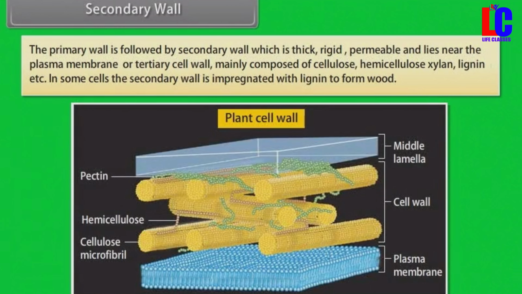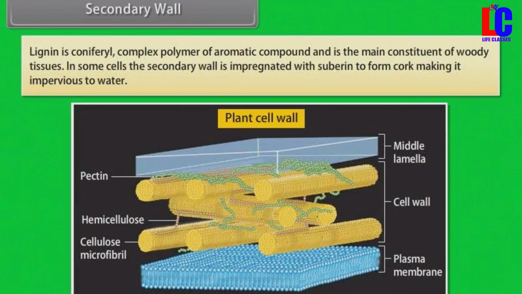Secondary wall. The primary wall is followed by secondary wall, which is thick, rigid, permeable and lies near the plasma membrane, mainly composed of cellulose, hemicellulose, xylan, lignin, etc. In some cells, the secondary wall is impregnated with the lignin to form wood.